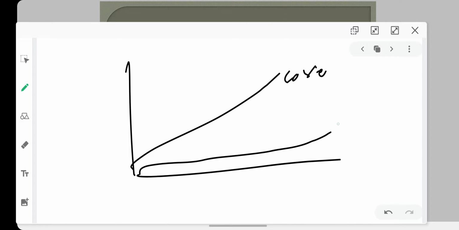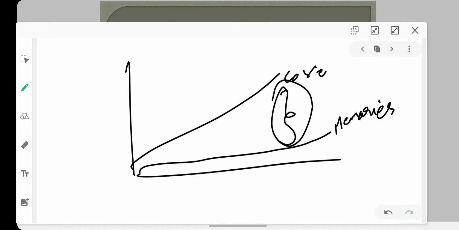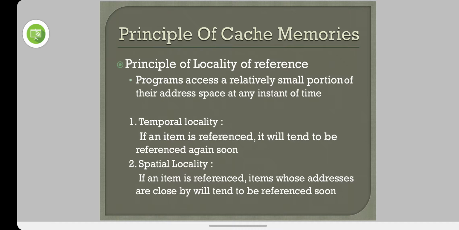There were some improvements in the memories as well, but there is always a gap, which is affecting the performance. So that is why we have to make sure that the memories associated with the processor are equally fast to process the data required by the processor.